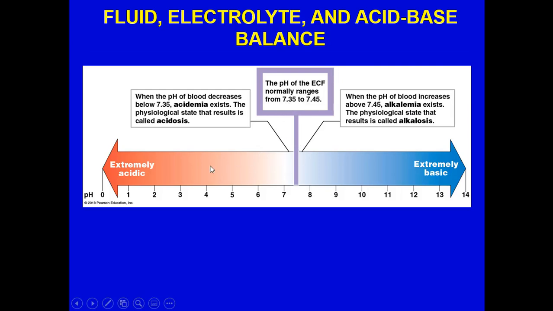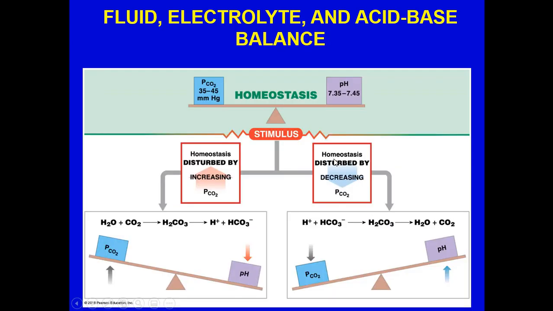So if you go below that, you're going to have acidemia, and the physiological state is called acidosis. If you go above 7.45, you're going to have alkalemia, and the physiological state is alkalosis. Okay? Now, how do we obtain homeostasis to stay at a pH of 7.35 to 7.45, and basically at the same time, a partial pressure of CO2 between 35 and 45?